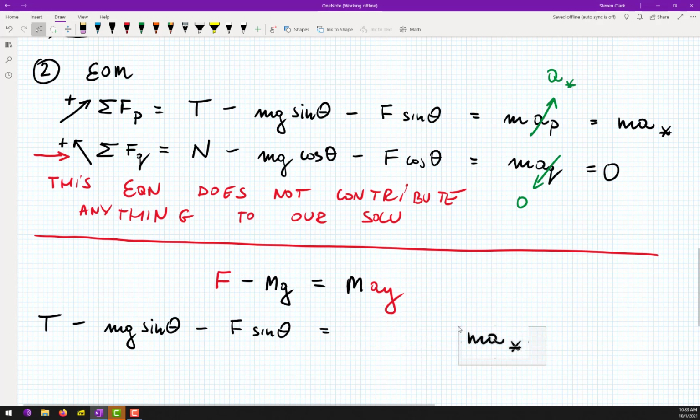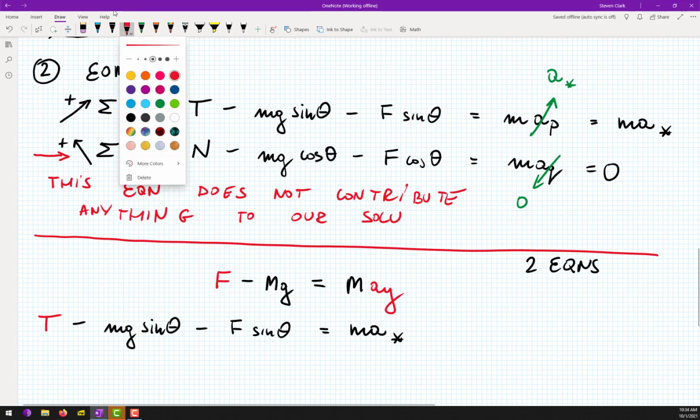But let's see what we have right now. So we clearly have two equations right now. And unfortunately, we introduced a third unknown. Do you see that T in the second equation? This is also unknown. So we have three unknowns.